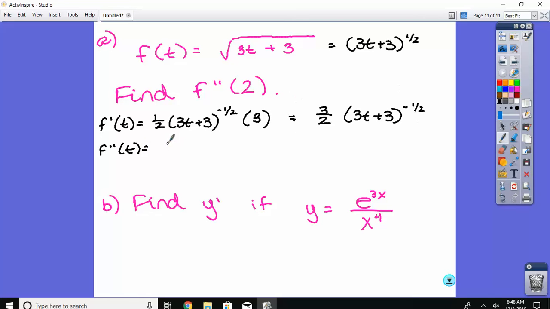So the negative 1/2 comes down. So you get 3/2 times the negative 1/2. Inside stays the same. Subtract 1 from the power, negative 1/2 minus 1, times derivative of the inside. So if you're multiplying your coefficients, 3/2 times negative 1/2 times 3 gives you negative 9 over 4.